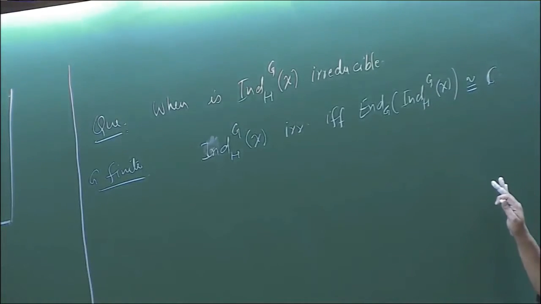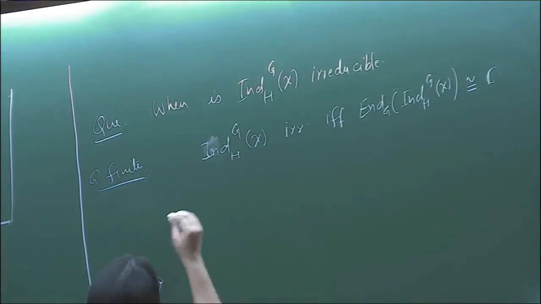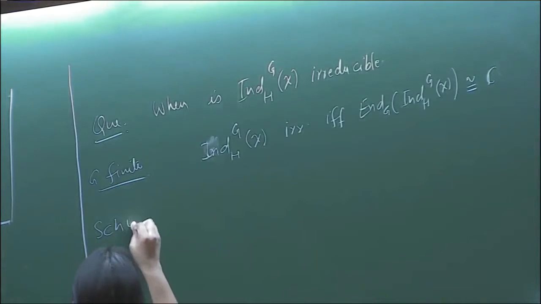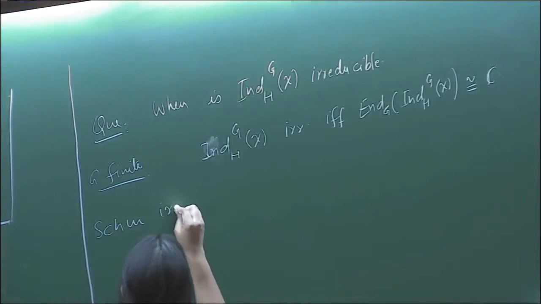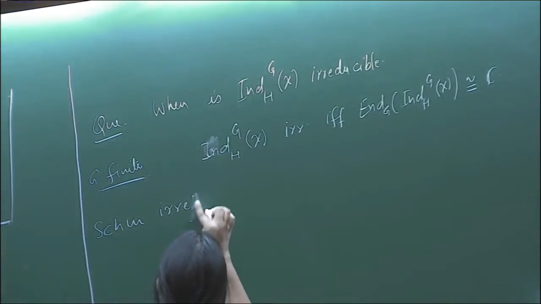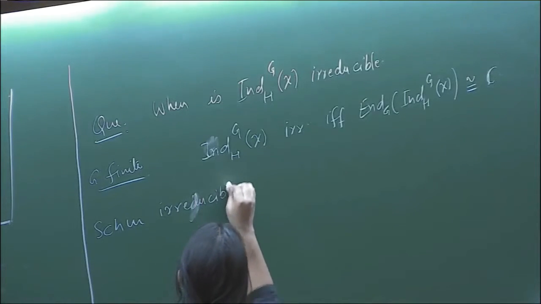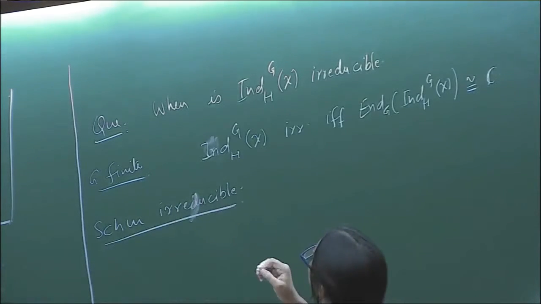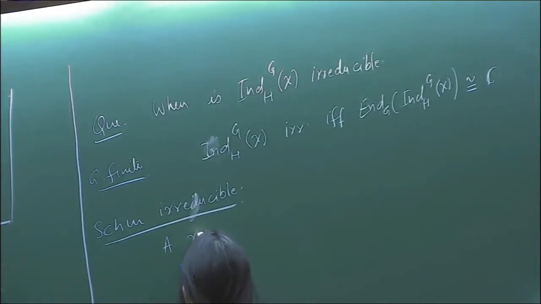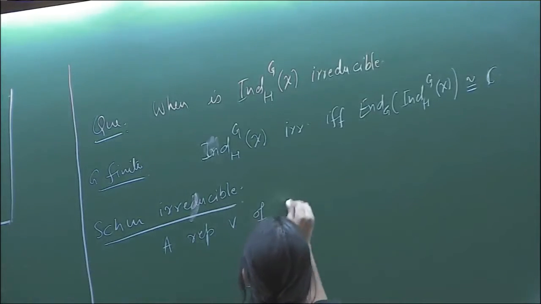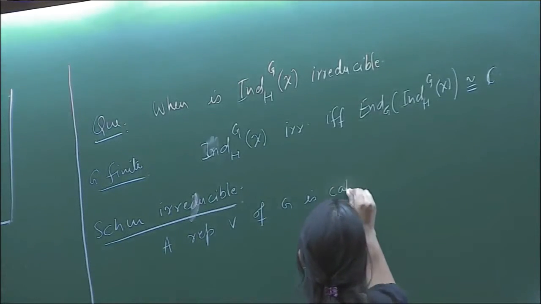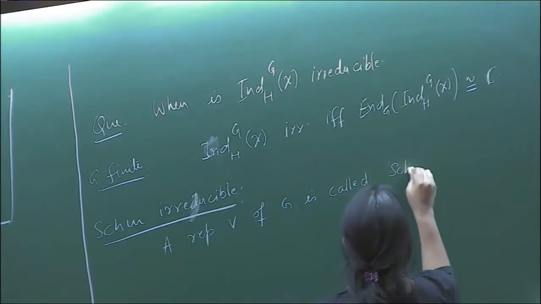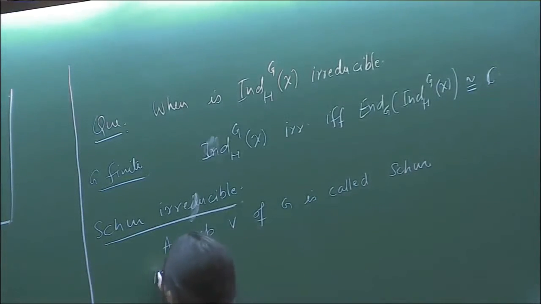This does not turn out to be the case for infinite groups. So what is true is, now let me define something: sure irreducible. Okay, so a representation V of G is called sure irreducible.